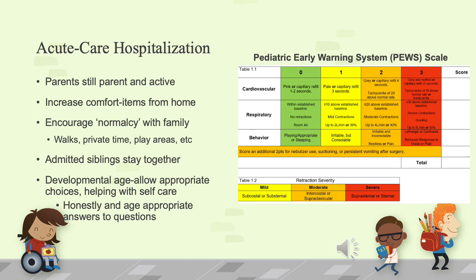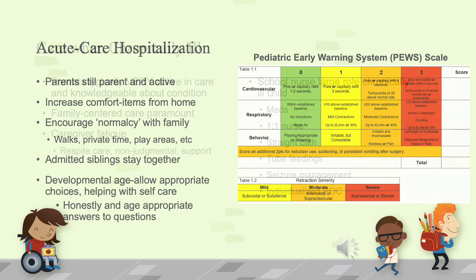For behavior, if they are lethargic or confused, or if they have a reduced response to pain, that will also get them a score of 3, totaling a score of 9. I encourage you all to take a closer look at the PEWS scoring system in your textbook.